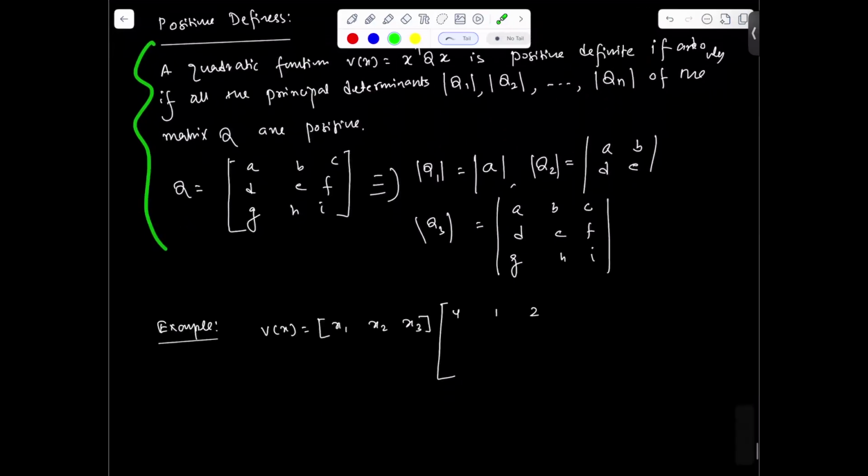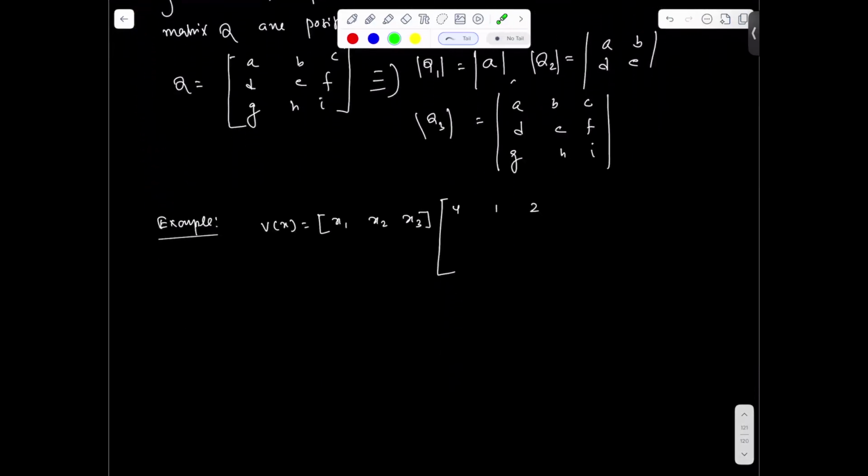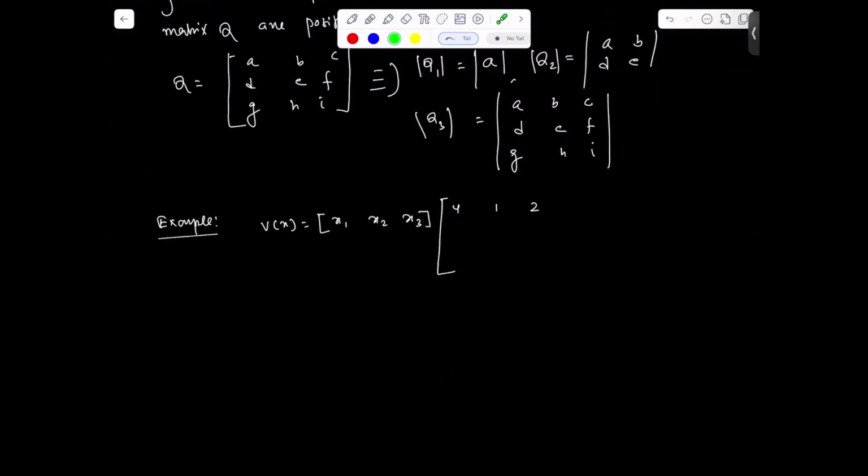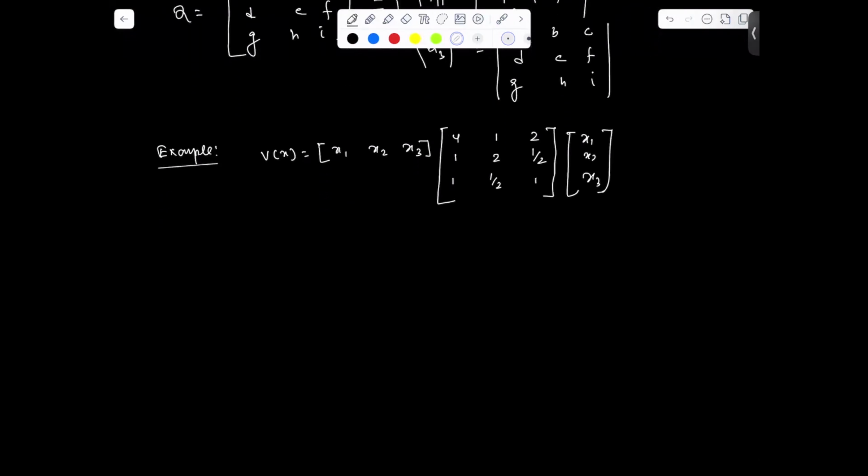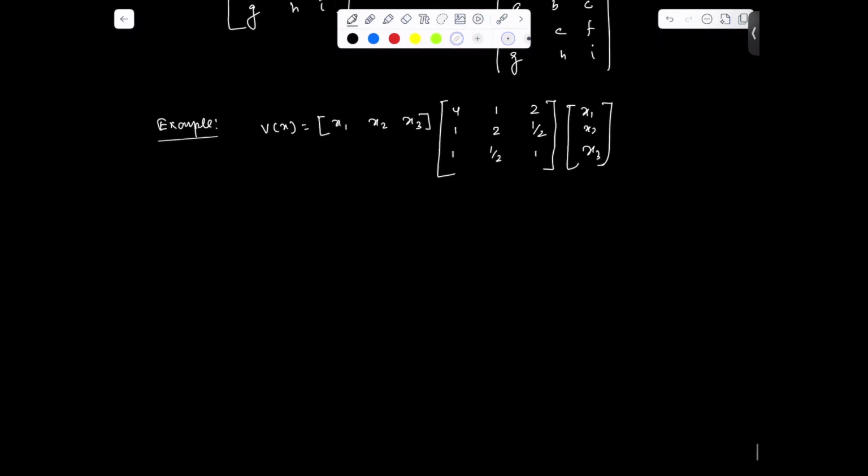Okay, so the first row is 4, 1, 1, the second row is 1, 2, half, and the third row is 1, half, and 1, and we have the x vector x1, x2, x3.